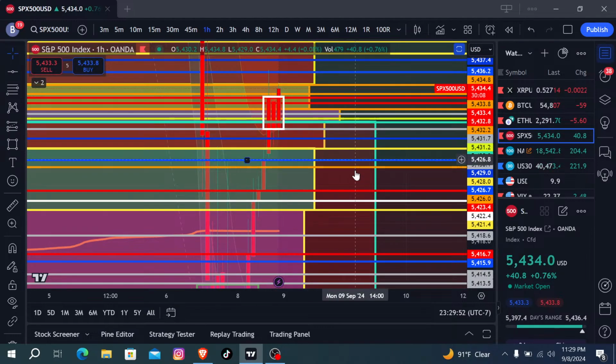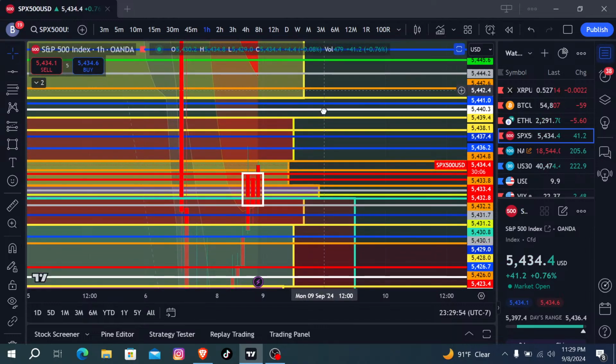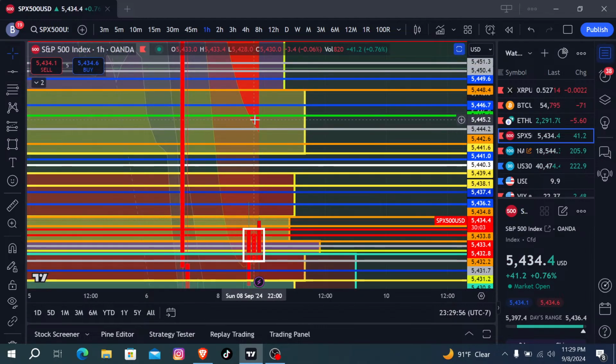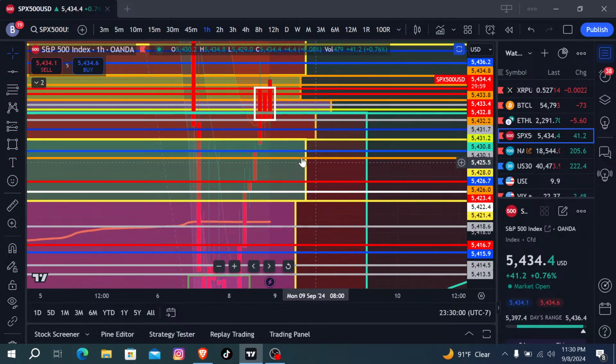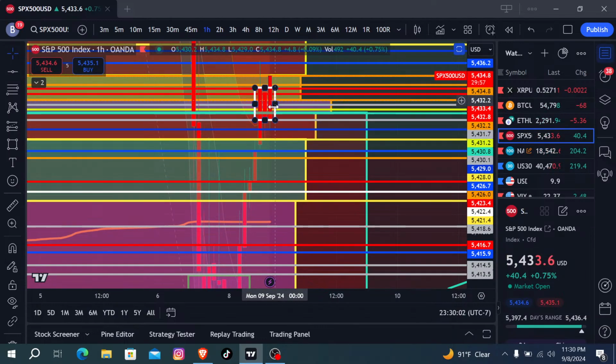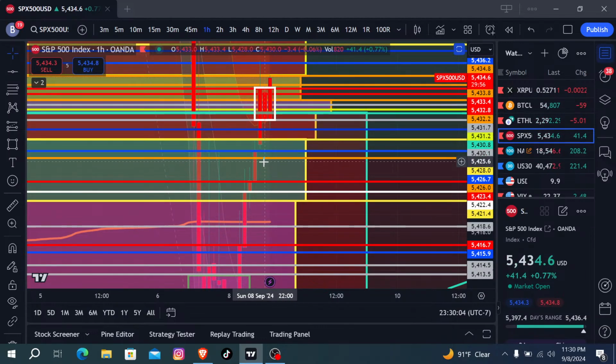So seeing where we are, the market is gonna either close here at 2 in the morning, or it's gonna close somewhere in here, and then from there retrace on down.